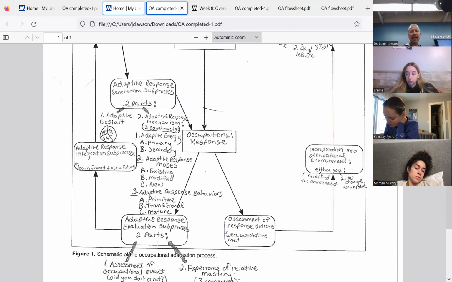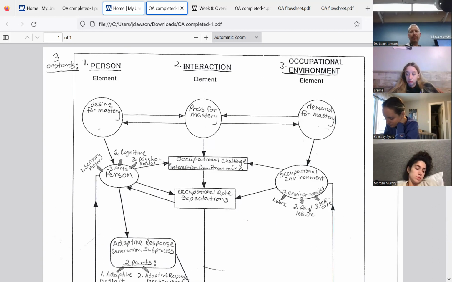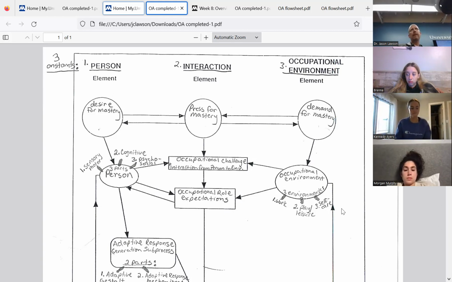If we modified it, how did it impact work? Or maybe we modified just our work environment. Maybe we modified something in our bathroom to improve our self-care. Maybe we moved something so that we could have more leisure skills.